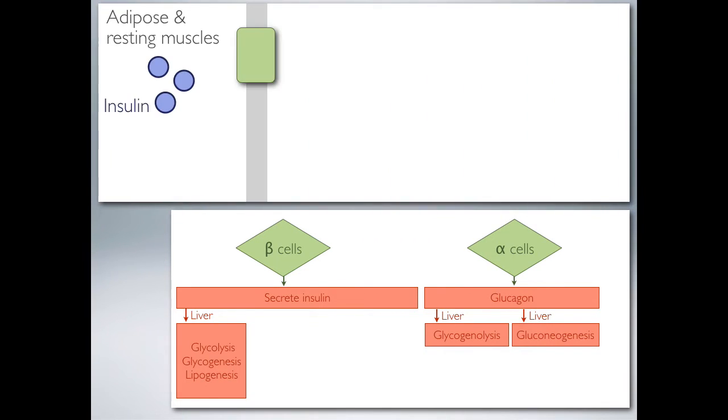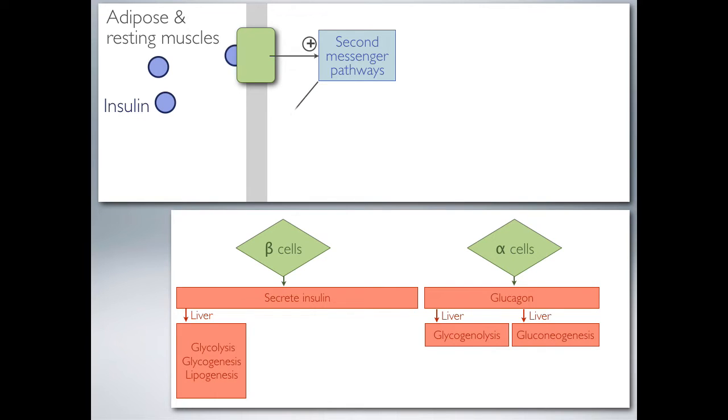Okay, what are the cell types? Well, we've got the fat cells, the adipose tissue, and resting muscles. Everything I'm going to show above, you can imagine it's either a resting muscle or it's a fat cell. Both do the same thing in response to insulin. So the insulin binds the receptor, again, a magical second messenger pathway.